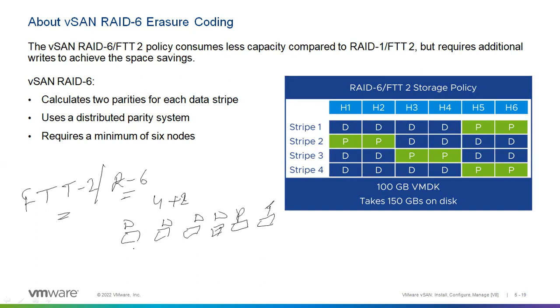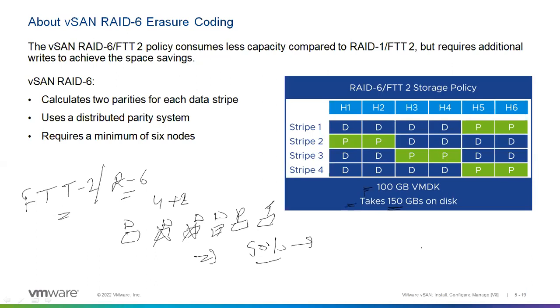So here you can tolerate 2 failures simultaneously. And what would be the data overhead? Data overhead will go to 50% more. It means that if you are writing 100 GB of data, then it will take 150 GB on your disks.